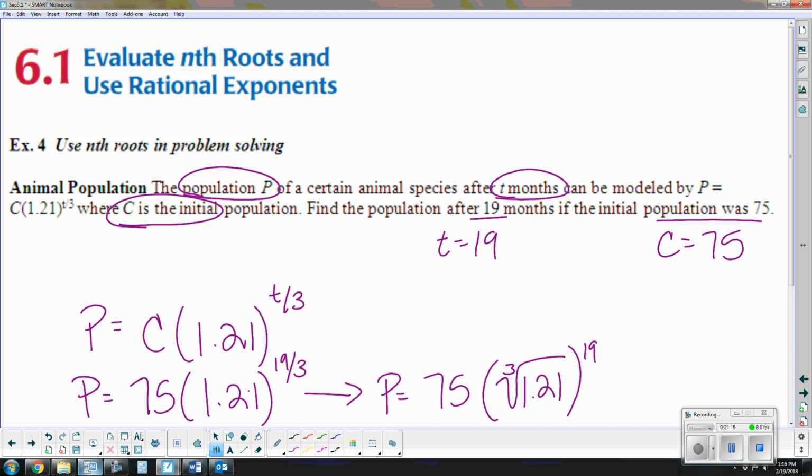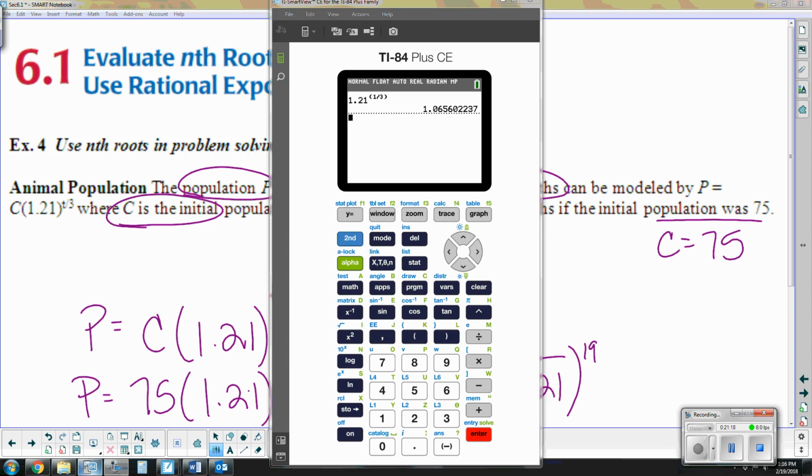So let's take the cubed root of 1.21. And 1.21 to the 1/3 power is approximately 1.07. We take that number to the 19th power. We get approximately 3.34. And then we have to multiply by 75. And we get about 250.8.